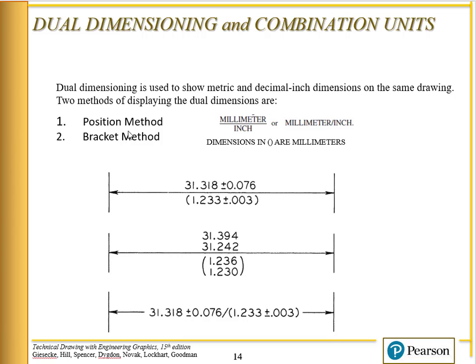One is the position method, in which case we have millimeters shown on top and then a line separating them and the inch underneath, or we'll have millimeters / inches, or a bracket method, in which case we can have a note that says dimensions in parentheses are millimeters, in which case here we have our millimeters. They actually have this one backwards. So in this case, we have millimeters on top, and then we have inch dimensions underneath.